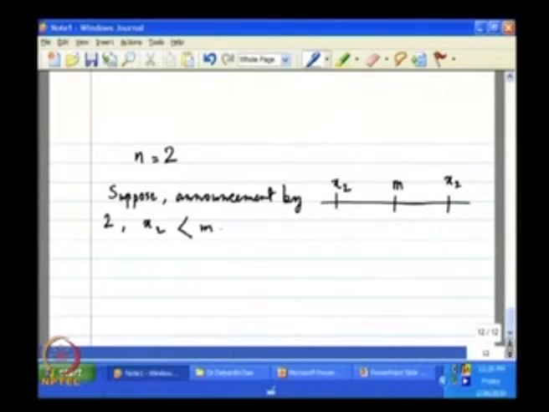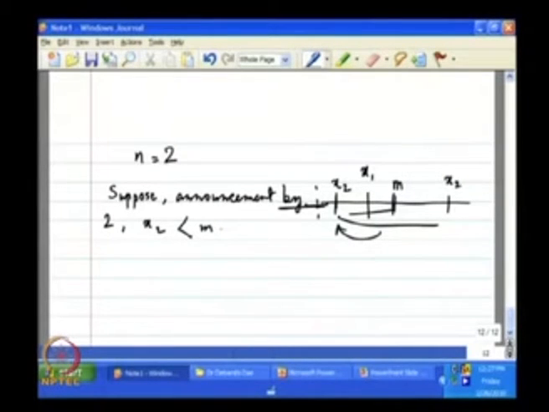Candidate 1 will obviously in this case announce something more than x2, because if it announces something less than x2, then it is getting these votes, but all these votes are going to x2 then, which is not a good thing to do, because I know that M is here. So, half of the voters are to the right of M, these votes person 2 will get, these votes person 2 will get. So, he is going to win. So, person 1, that is candidate 1, is never going to announce something less than x2.